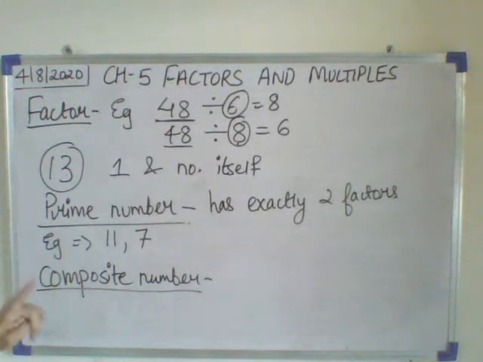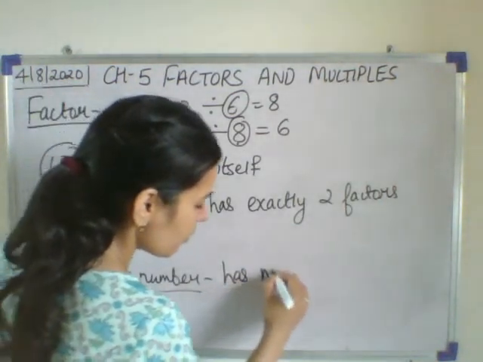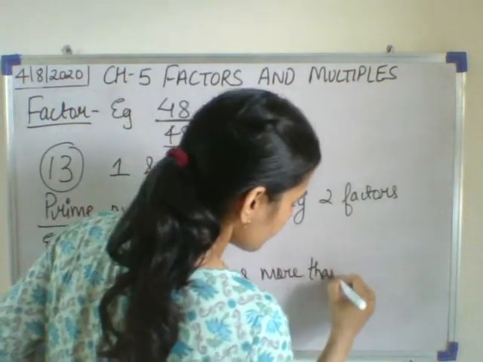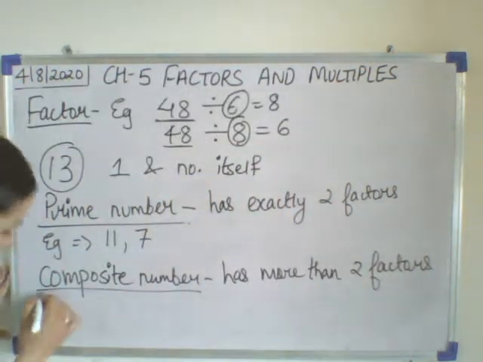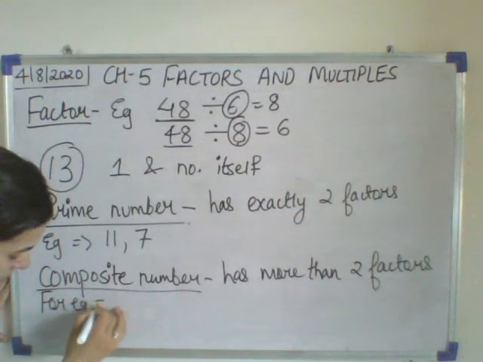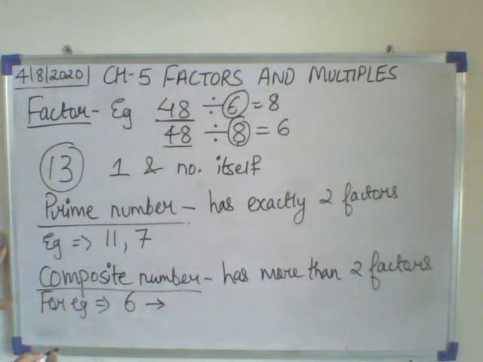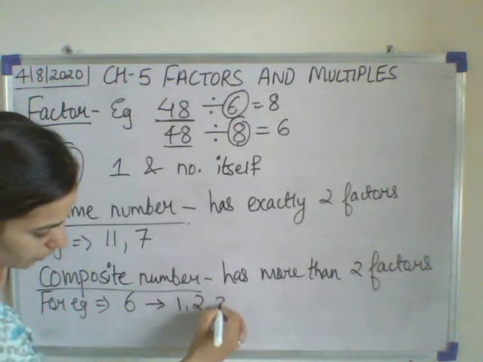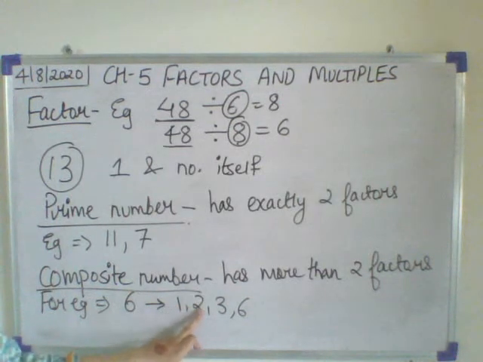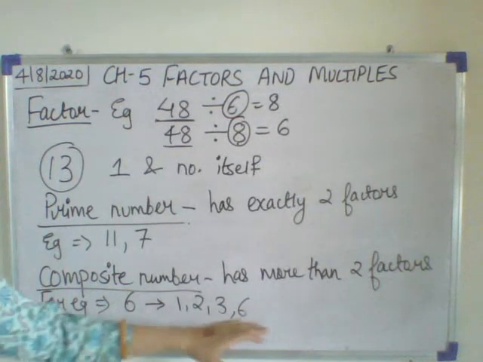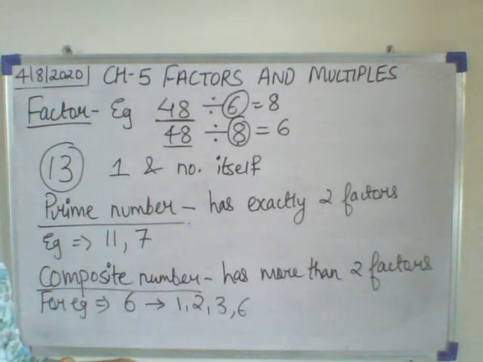For example, 6. How many factors does 6 have? It has 1, 2, 3 and 6. 4 factors are there for this number 6. So it is called a composite number.